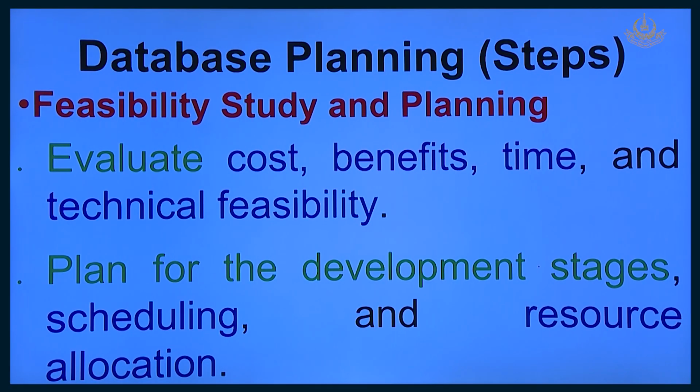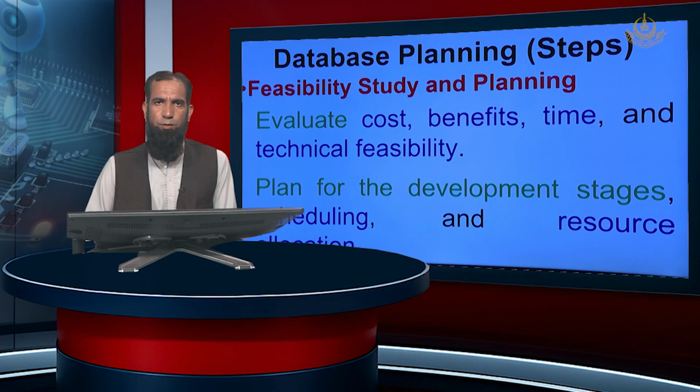Once feasibility is confirmed, we move into planning. This includes defining the development stages, preparing a schedule, and allocating resources such as staff, hardware, software, etc. In short, this step ensures that the database project is not only useful but also achievable within the given constraints.